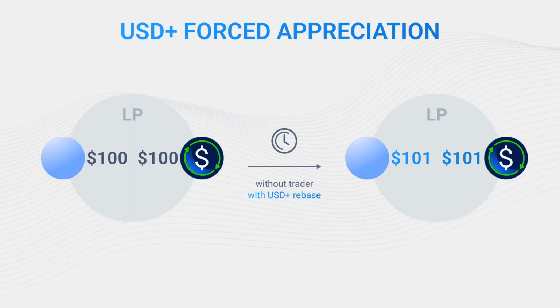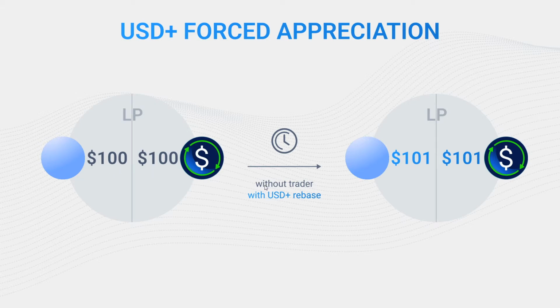Now, if we continue along the same lines of forced appreciation and go into more detail, here we have a liquidity pool that is utilizing USD Plus, and this is prior to the USD Plus rebase.